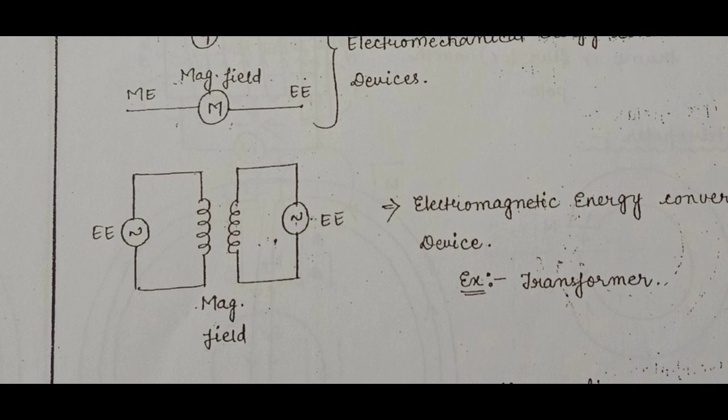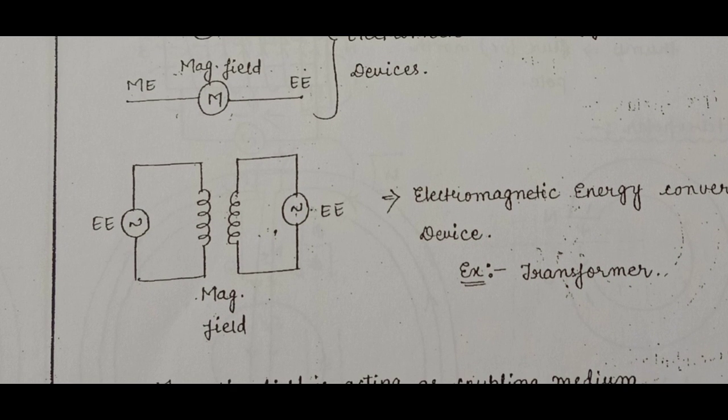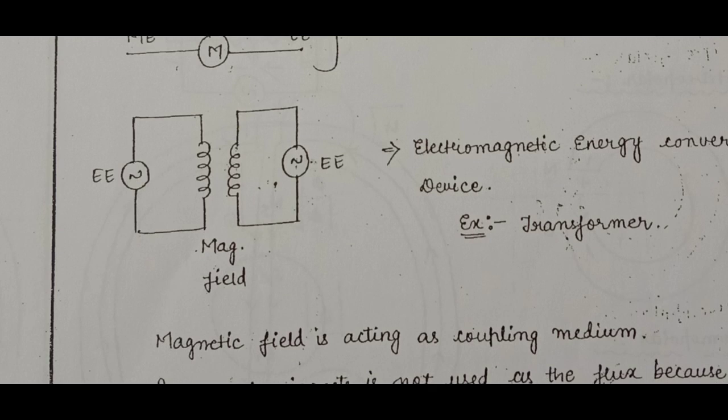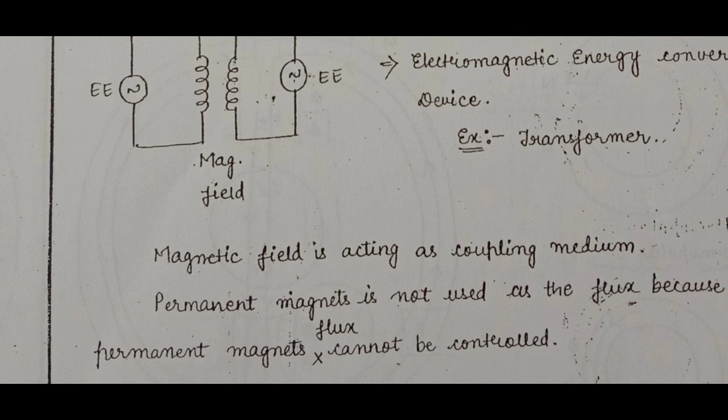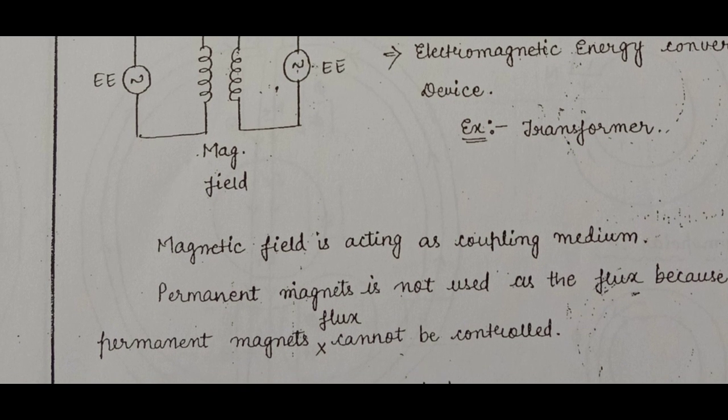A permanent magnet is permanently magnetized, so it is available at all times, but an electromagnet is available only when the energy supply is given. The magnetic field acts as a coupling medium for energy conversion devices.